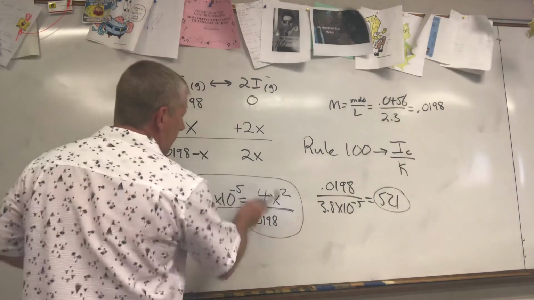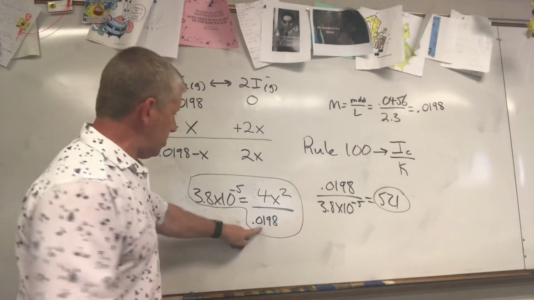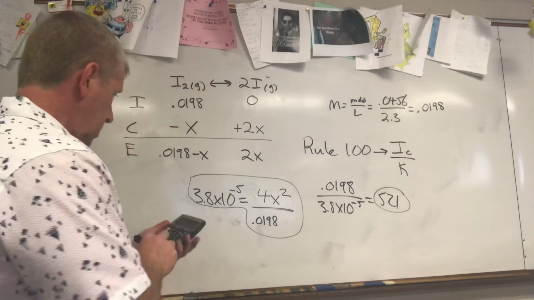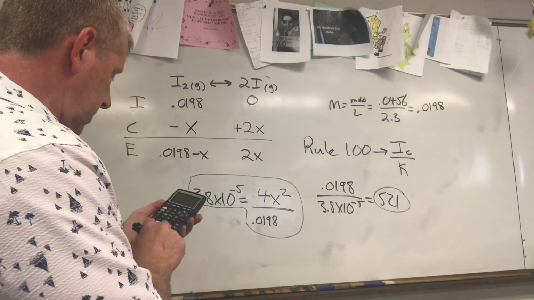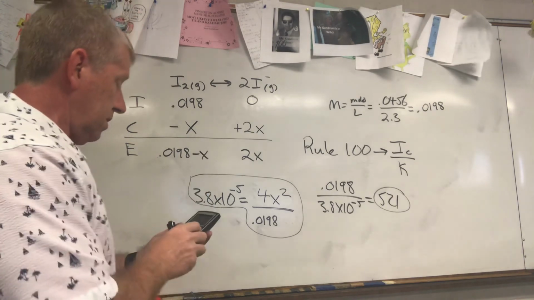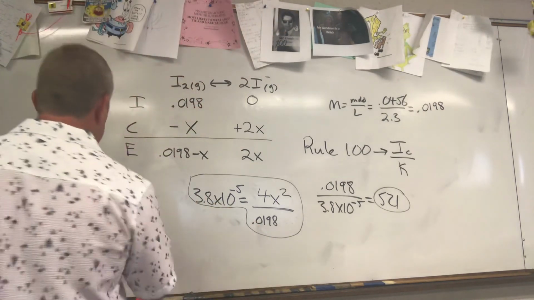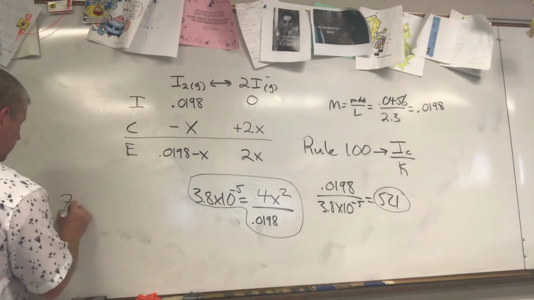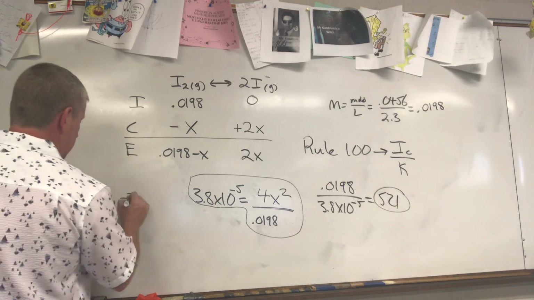Okay, cross multiply, divide by 4. So let's cross multiply these two. 0.0198 times 0.000038. Enter 7.5. I did this earlier. 7.524 times 10 to the -7.